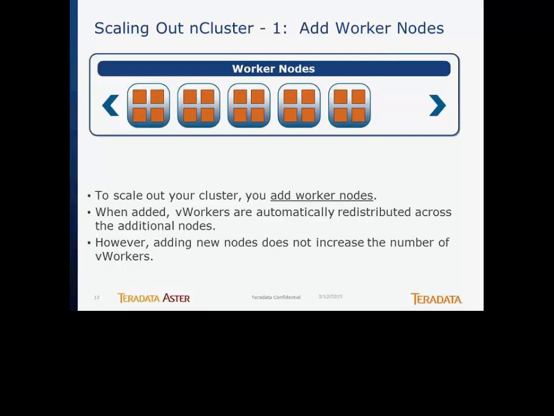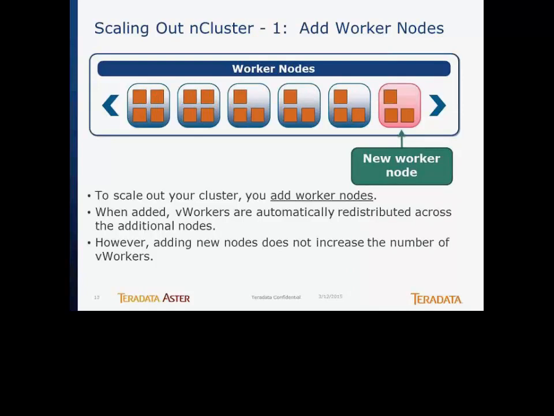Once that is done, the software installation all happens in the background, and then the data actually gets pushed out to your new worker node. When I say data gets pushed out, that is the process of balancing data that I talked about earlier, and this is a one-click button on the management console of Aster that will move some of these vWorkers into the new worker node. So this is how it happens. Interesting. Okay.